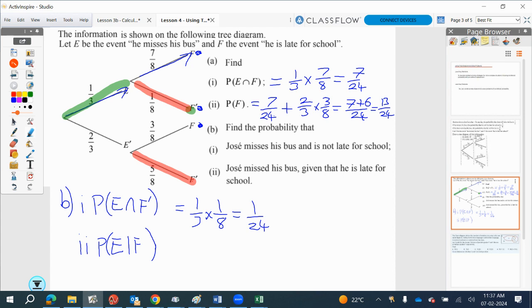We want this branch to occur, but the total probability is less.